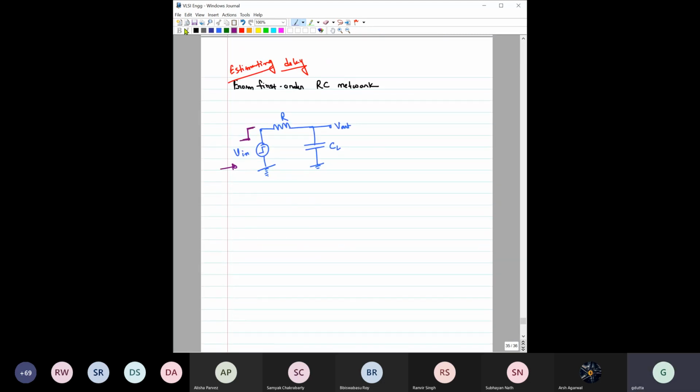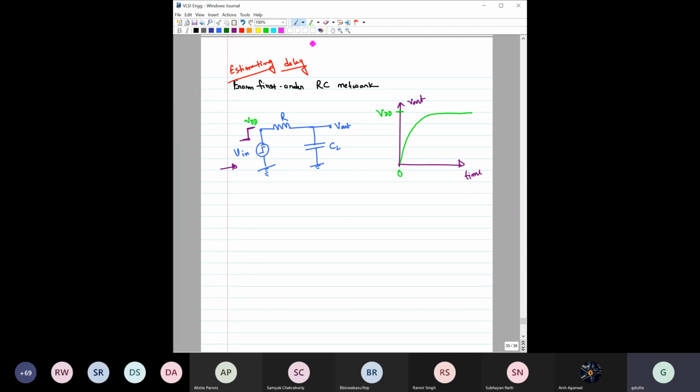This is a well known, very simple RC network, and you know how the output voltage will vary over time. As soon as it is on, the capacitor will start charging and the voltage across the capacitor will start building, and it will take somewhat this type of shape, where this is VDD, and it will be almost constant at VDD after that with respect to time.